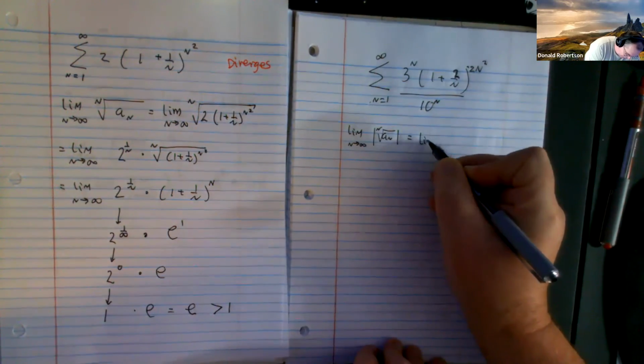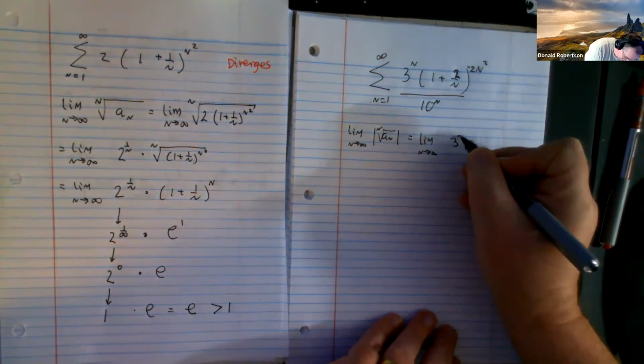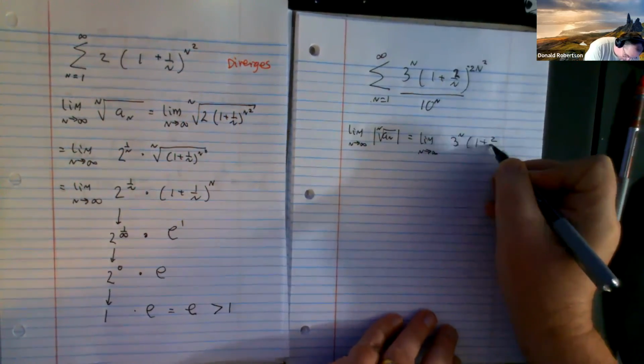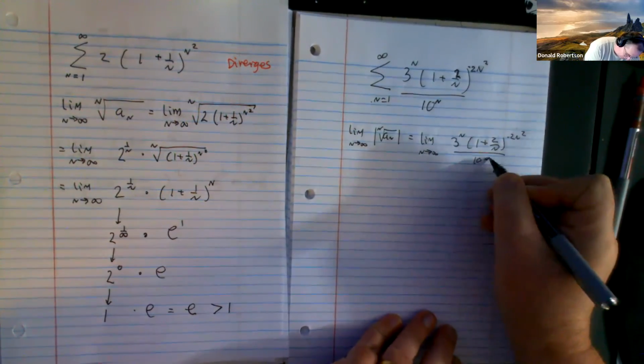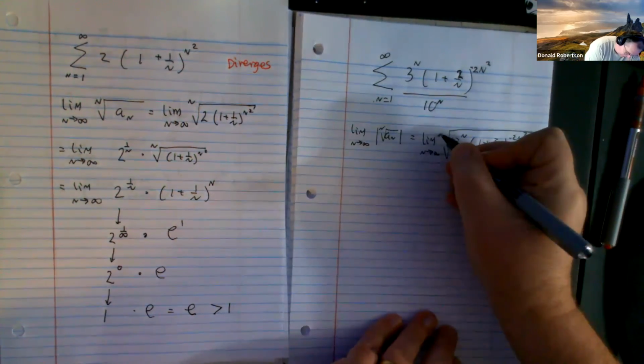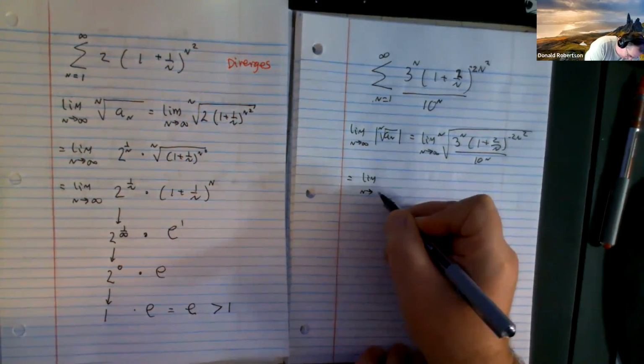Since everybody is positive again, I can just write down this expression and stick an nth root around it. And then take each piece separately.